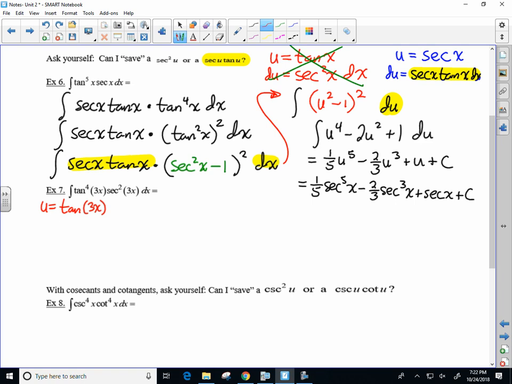Question about u. Sure. I heard somewhere that whatever is your u, whatever is left is supposed to be the derivative of that u, and that's how you can tell if you have the correct u. Does that sound familiar? It should be a multiple or a factor of whatever the derivative is.